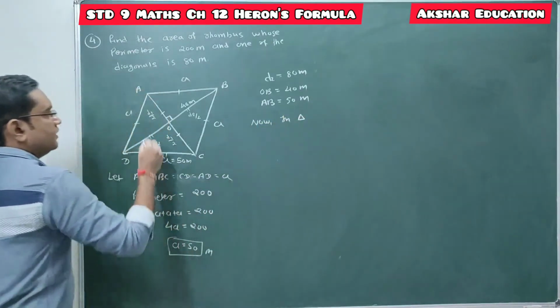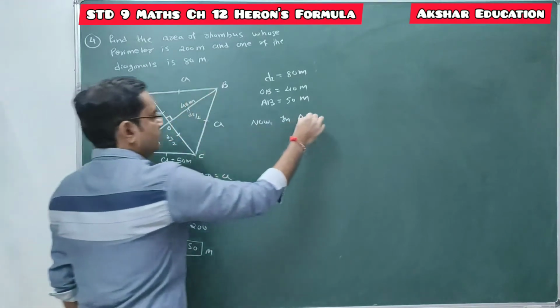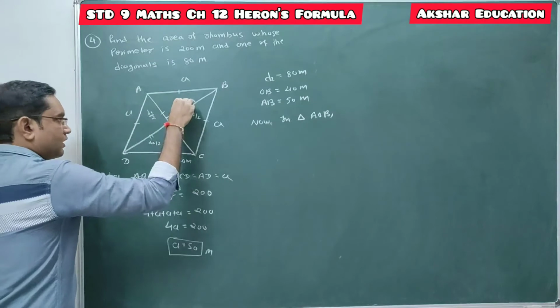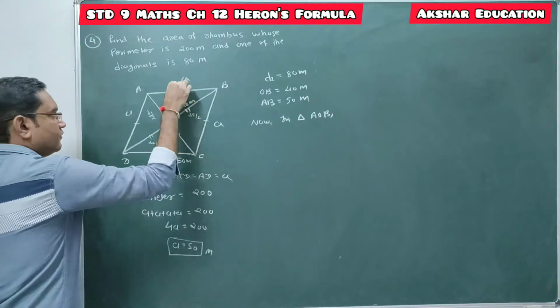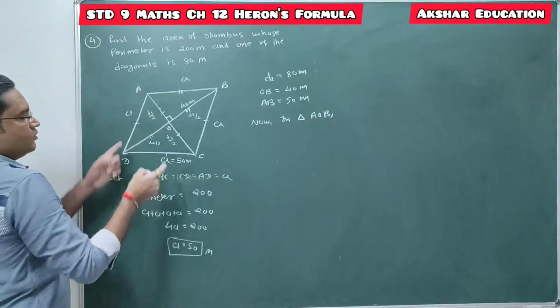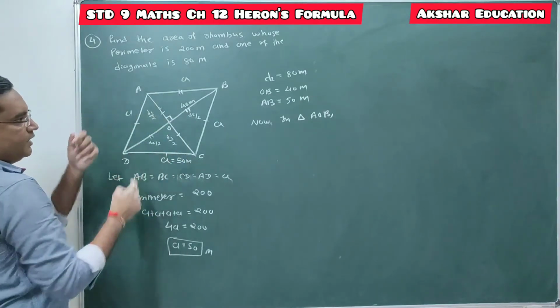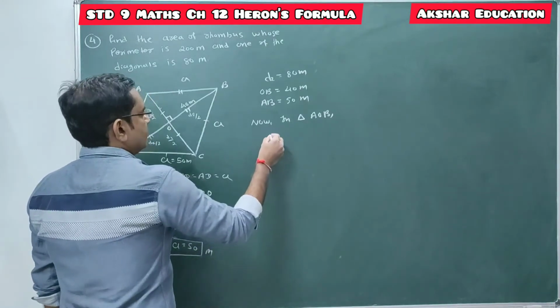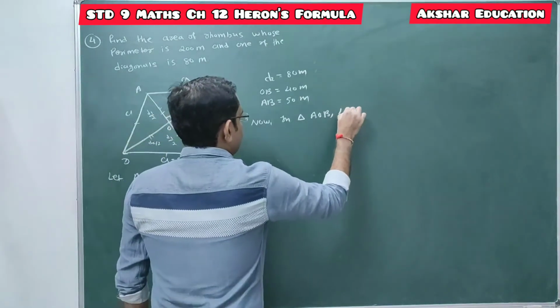So now consider triangle AOB. In triangle AOB, here we know the length of half of the diagonal and one side, so we will get the length of half of the length of another diagonal. So by doubling it, we are getting the length of another diagonal. Done. So in triangle AOB, angle O is 90 degree.